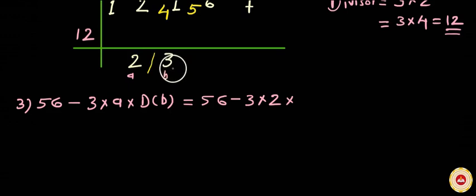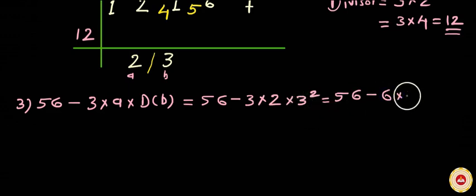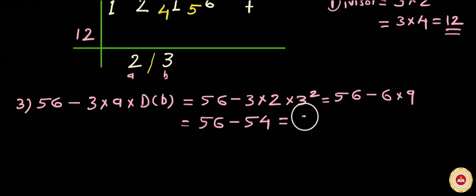Just square it, that's all. So 3 squared. 56 minus 3 2s are 6, multiplied by 3 squared, which is 9. 56 minus 6 nines, which is 54. 56 minus 54 is 2. This 2 is the net dividend.